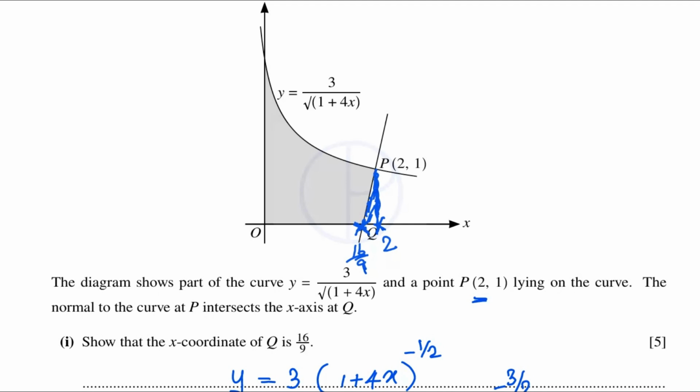The other way is finding the area under the curve minus the triangle PQ and this point, by subtracting the area of this triangle. I am going to find the area under the curve minus the area under the line by integration.